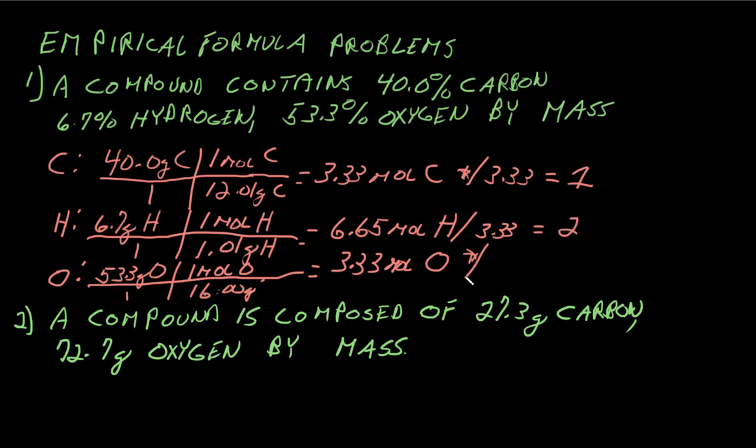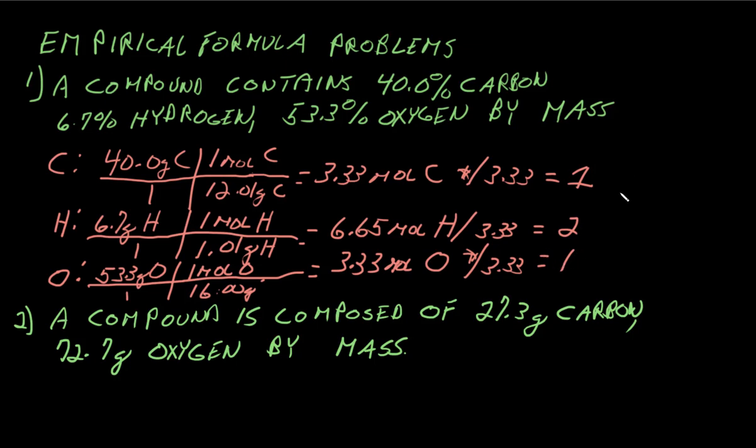And likewise, 3.33 divided by 3.33 equals 1. So this formula will have 1 mole of carbon, 2 moles of hydrogen, and 1 mole of oxygen.